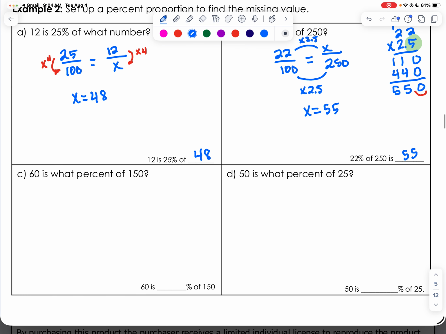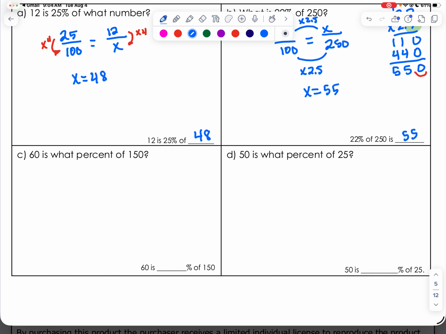All right. Problem C. 60 is what percent of 150? So I do not know my percent, so x over 100, and my part is 60, and my whole is 150. Now this time we're trying to find the first number, so I'm going to have to use division.